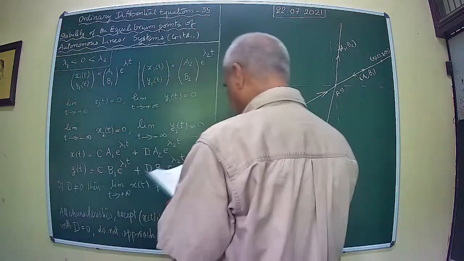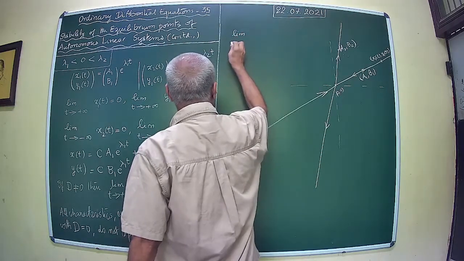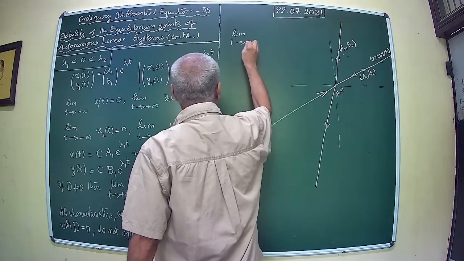So you find y(t) by x(t), the limit as t tends to plus infinity.